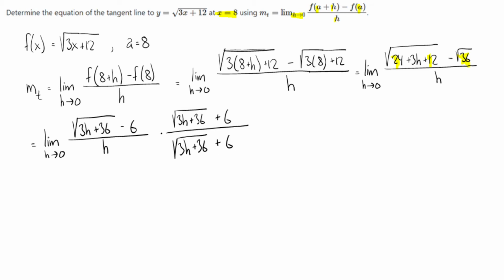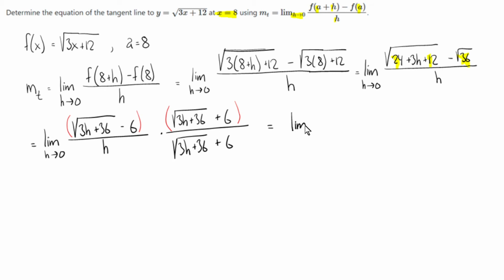Now in the numerator, what we have here is a product, and this is the factored form of a difference of squares. So we're going to work backwards here and rewrite the numerator as a difference of squares.